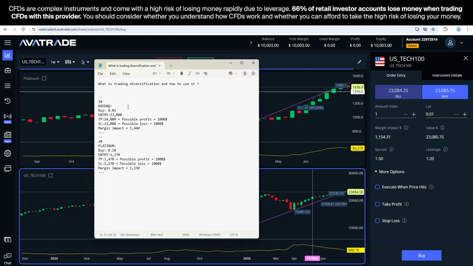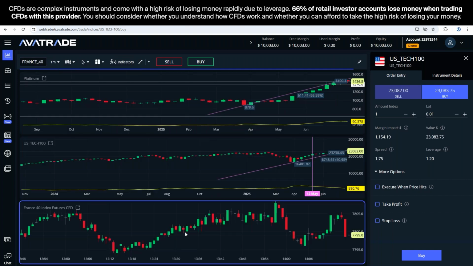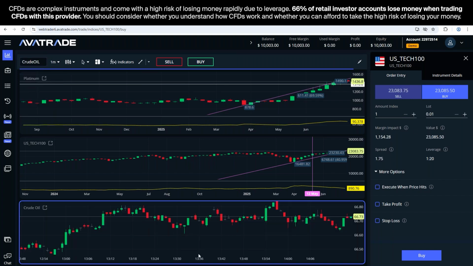Okay, in this case, making this comparison, for instance, if we would like to add even another one, just for the sake of the discussion, not anything too crazy, but let's try and have a third, which will be, let's say, crude oil. With crude oil, we'll also click buy or sell to display the right one.